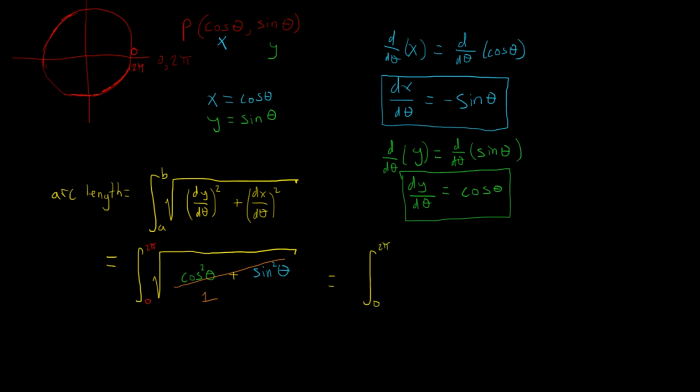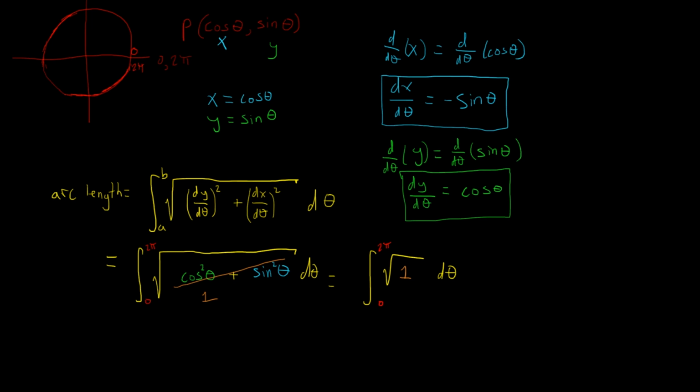from 0 to 2 pi of root, and then this is just 1 now, so root 1. Oh, hold on, I forgot all of these. Don't forget to write your d theta for all of these as well.